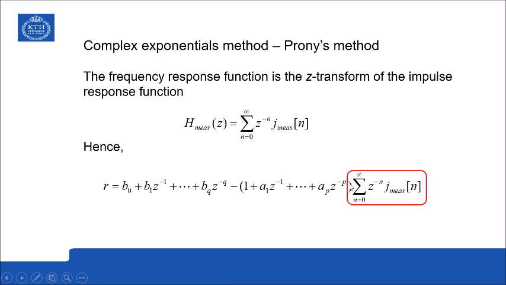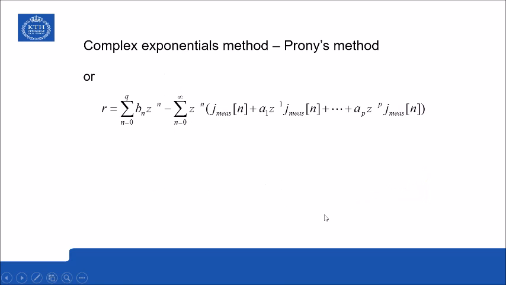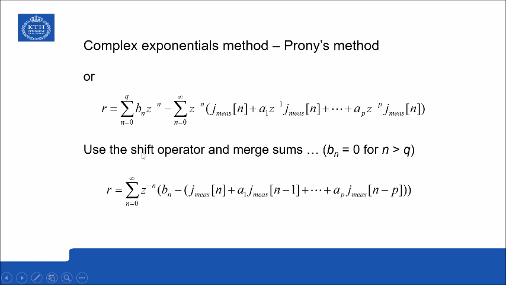We have performed this multiplication, and if we now use the shift operator that we introduced in an earlier presentation and merge these two sums, and also note that the bn coefficients are 0 for n larger than q, then we can write this in the following way.